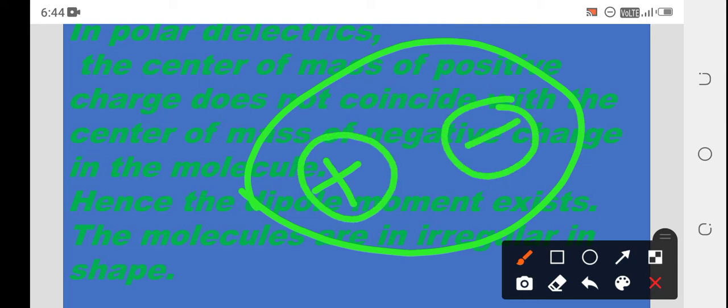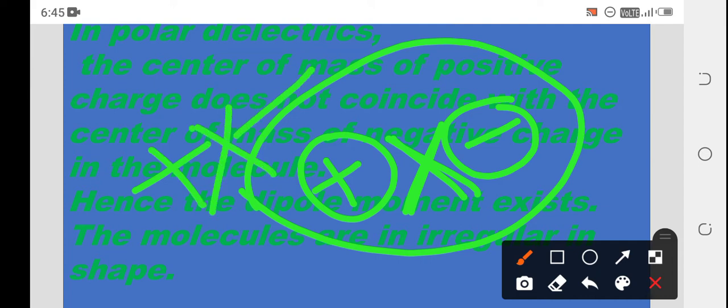If the centers of mass of the positive and negative charges are not coinciding exactly, there is non-interaction of positive and negative charge, and a dipole moment exists. Because of the existence of the dipole moment, it is defined as a polar dielectric.